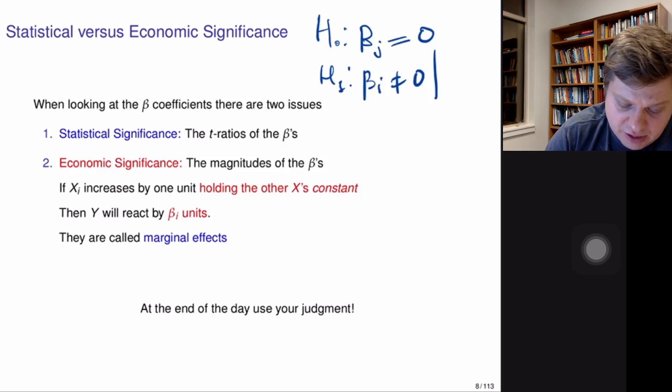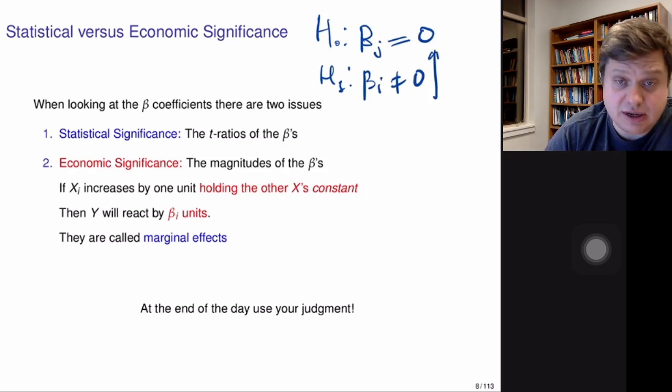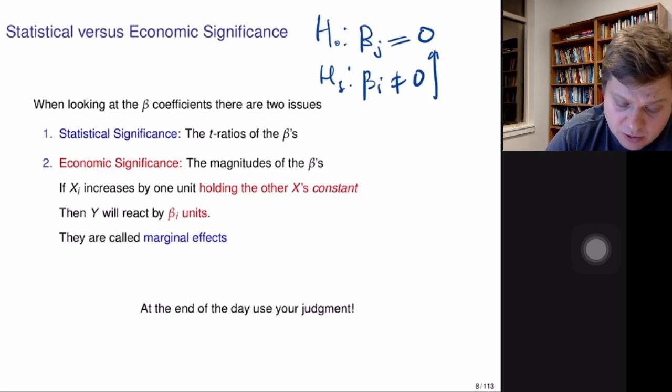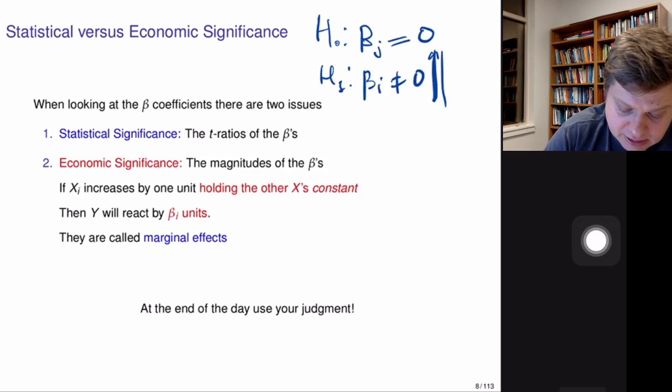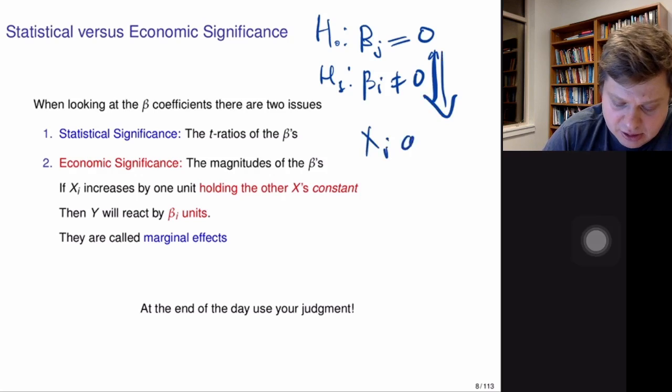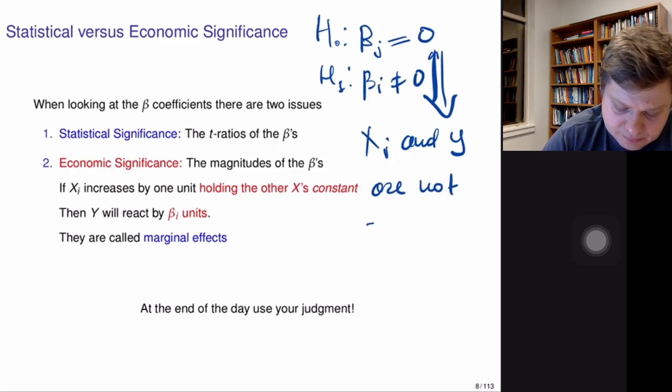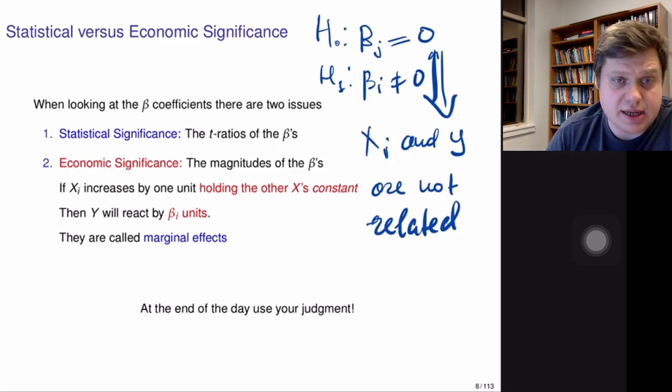And for this hypothesis, if the null hypothesis is true, then that means that xj, the jth predictor, and the output variable y are not related. It might be the case that the true value of beta j is 0. So maybe we should not be using this predictor at all.